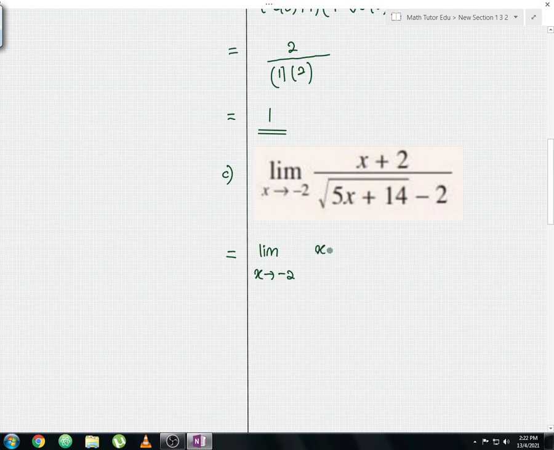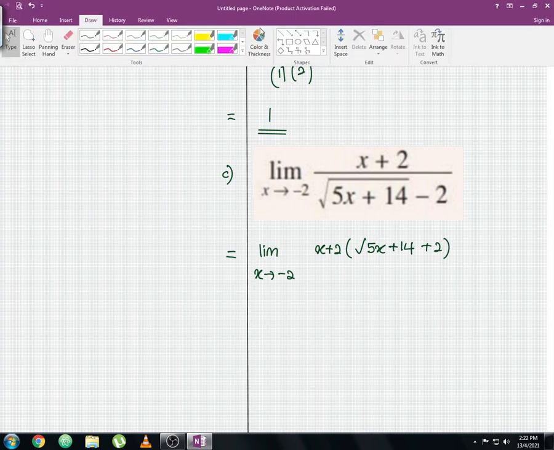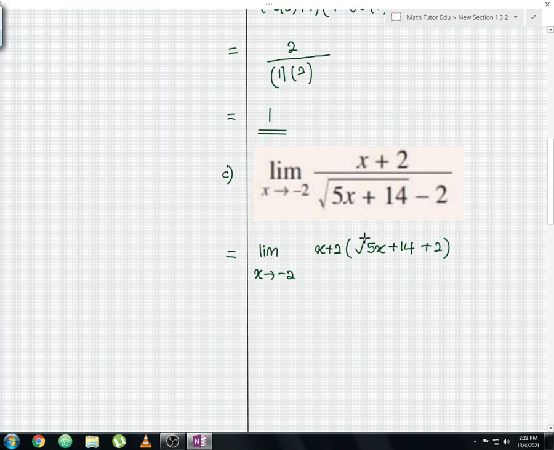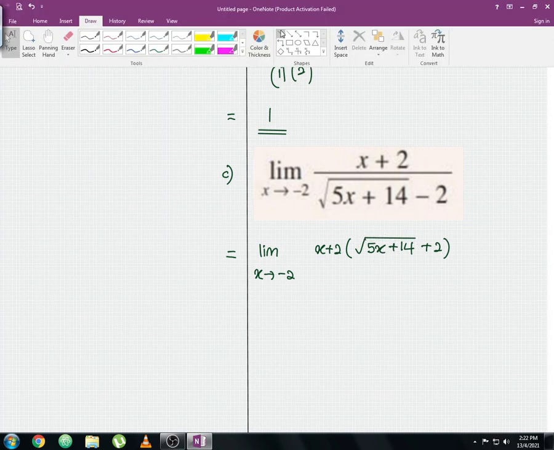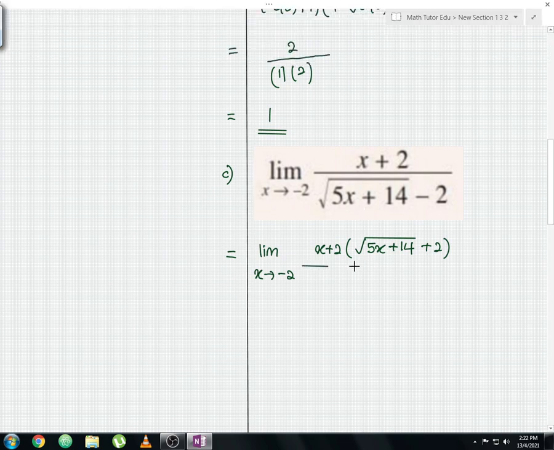So from here, x plus 2 times square root 5x plus 14 plus 2, and then followed by the fraction line.